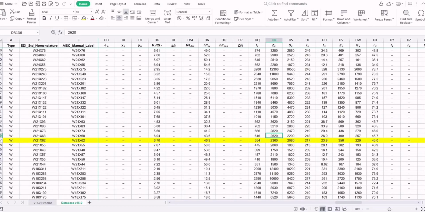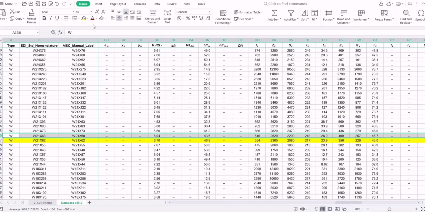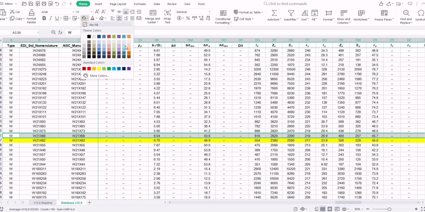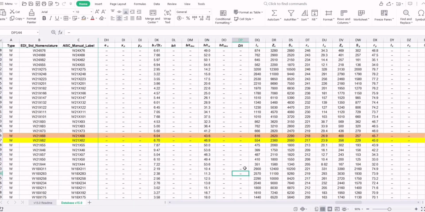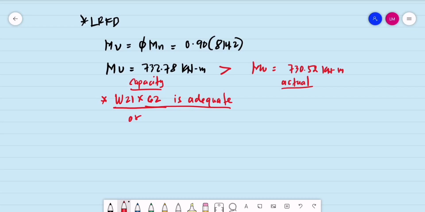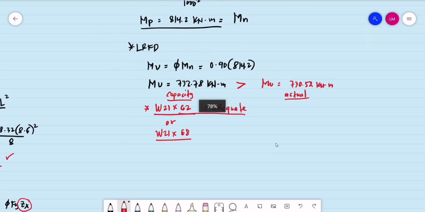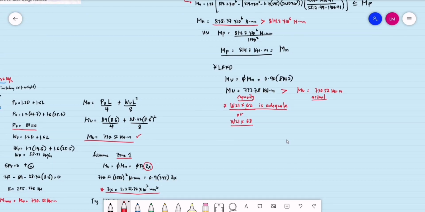Okay, so the next section after W21 by 62 is the W21 by 68. So I'll be just stating here. We can use W21 by 62, but if we wish to increase the factor of safety, we can use W21 by 68 wide flange, the next section after W21 by 62. So this will be our solution for this example.